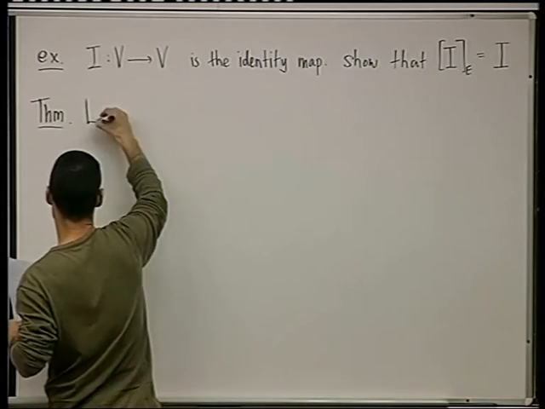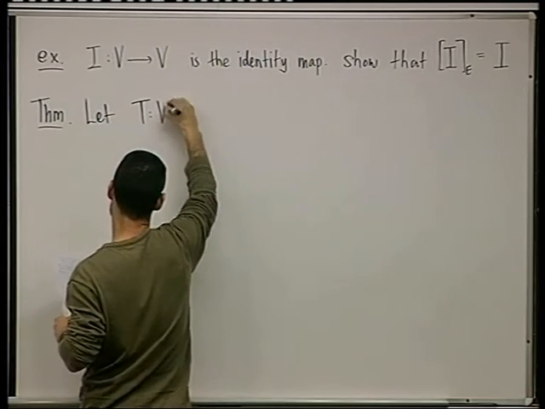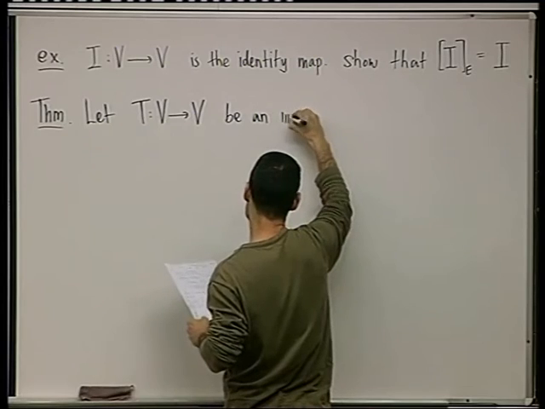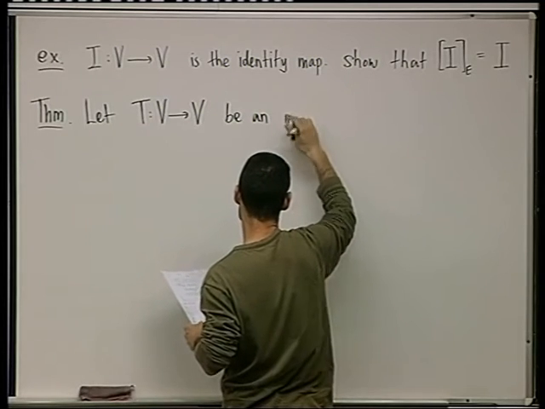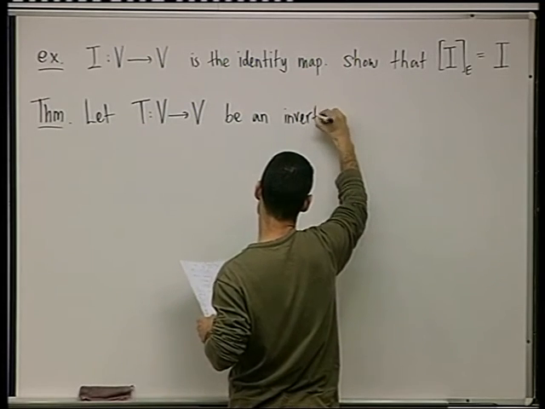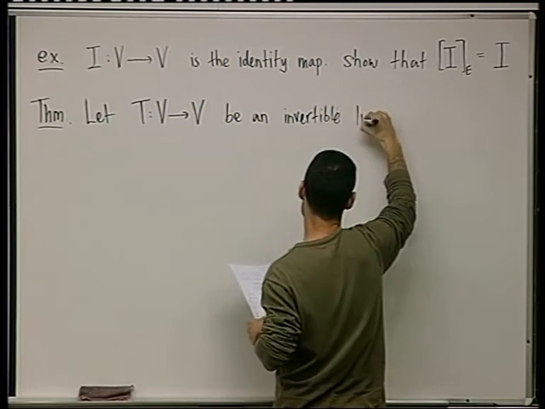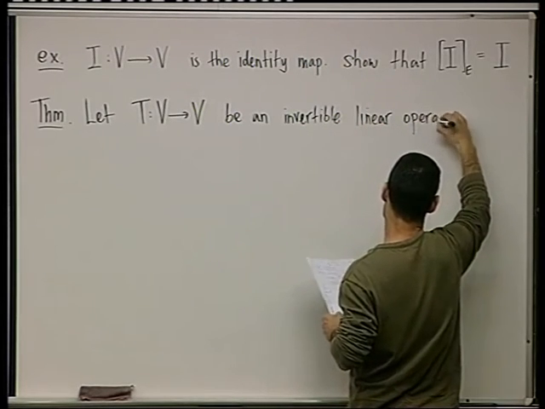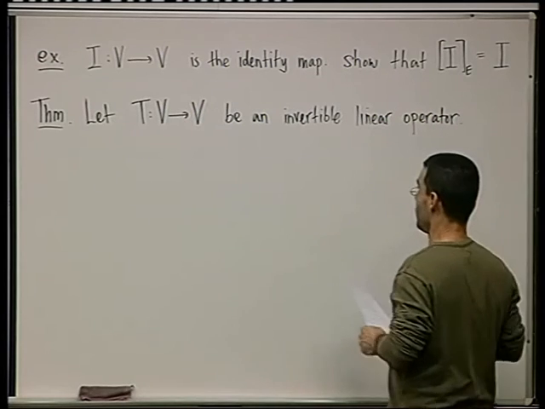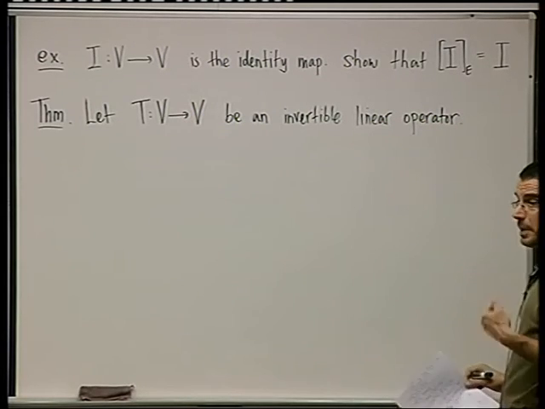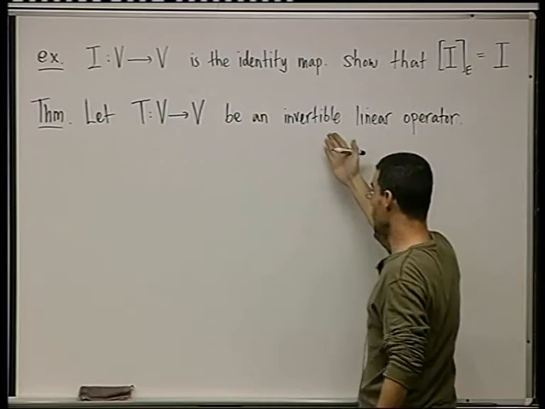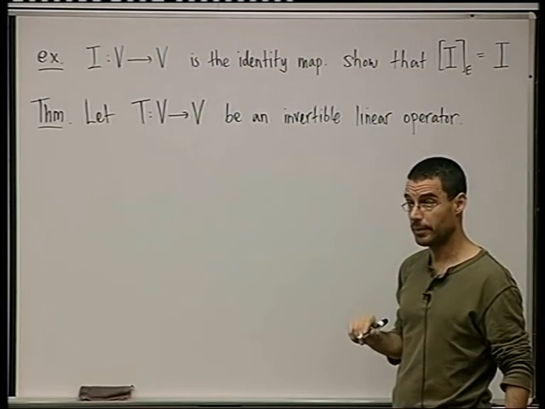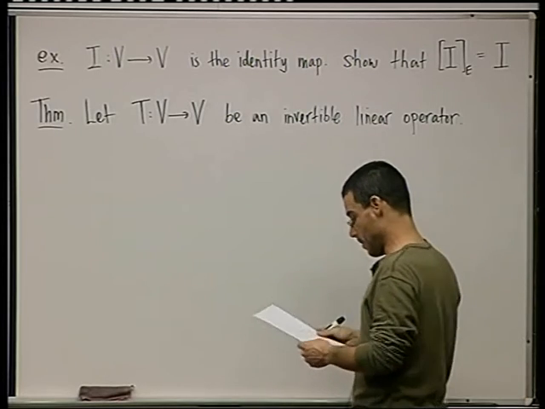So let T from V to V be an invertible linear operator. It's a linear map from a space to itself, and being invertible we know is if and only if it's either one-to-one or onto, because then it's both.